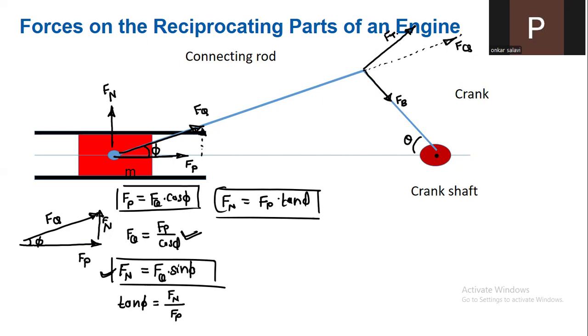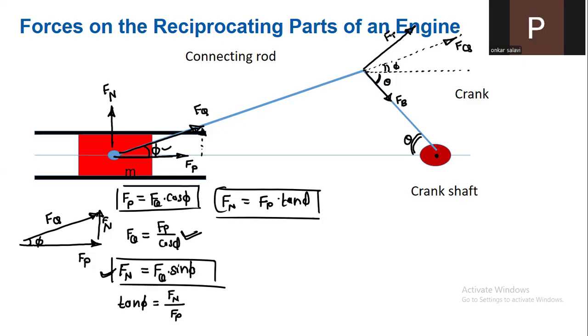Now here we have to see the relation between Ft and Fq. So for that, just make one construction, draw one horizontal line. Now this angle and this angle will be same. So this is a phi. This angle and this angle theta will be same. So this is a theta. So this total angle will be theta plus phi.